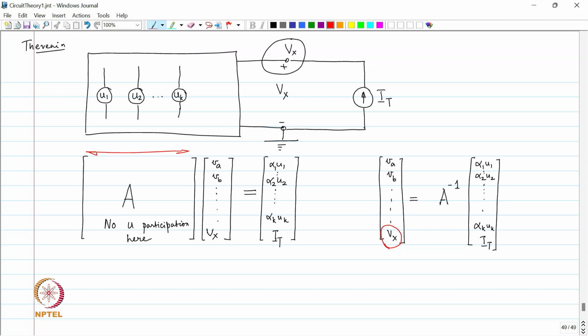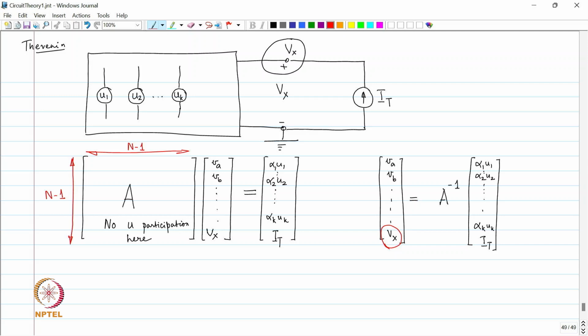If the circuit had capital N nodes, how many rows, how many columns? N nodes, one node is ground, N minus 1. Okay.